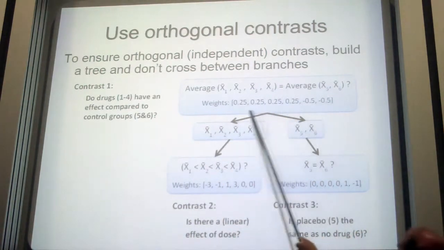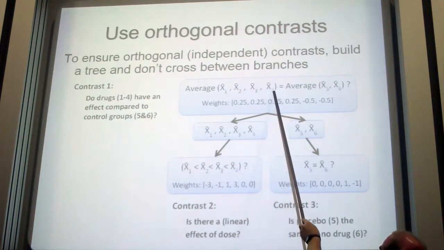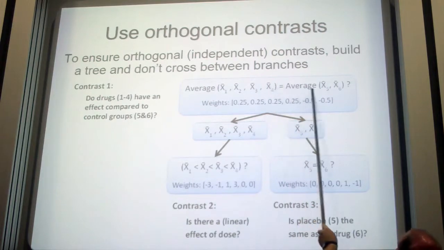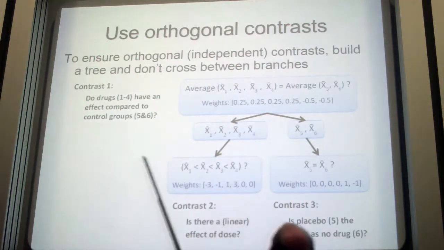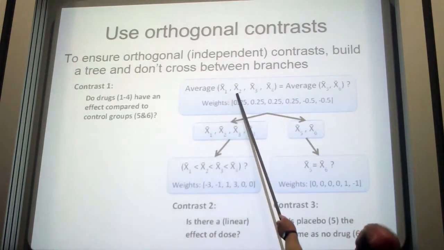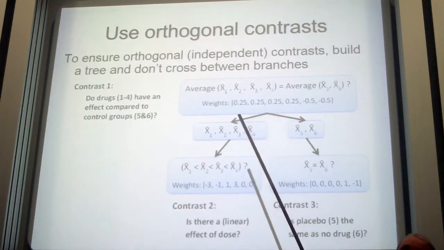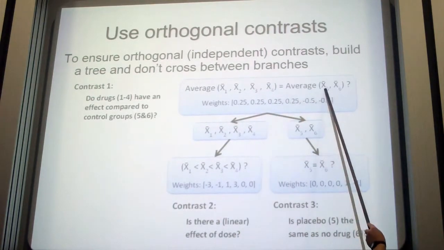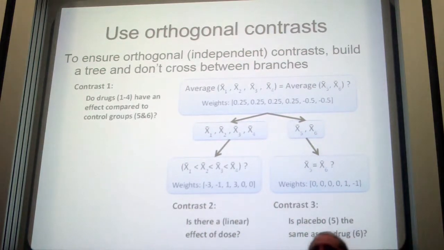Okay, we've got a whole lot of things, and we're going to ask, in one instance, do drugs 1 to 4 have an effect compared to control groups? So we're going to set up a contrast which is a quarter of that plus a quarter of that plus a quarter of that plus a quarter of that, which equals 1. Is that the same as that averaged and that, which is a half of each of them?